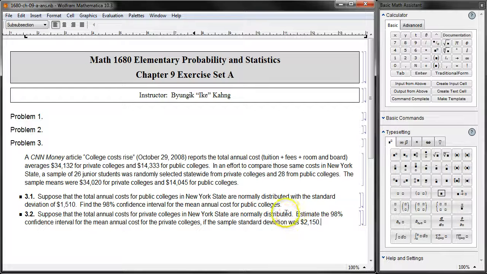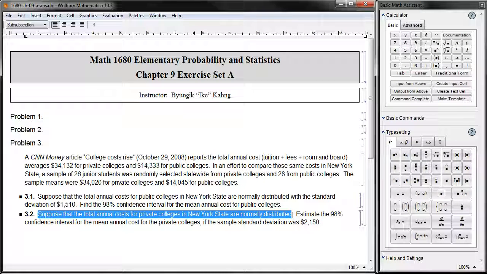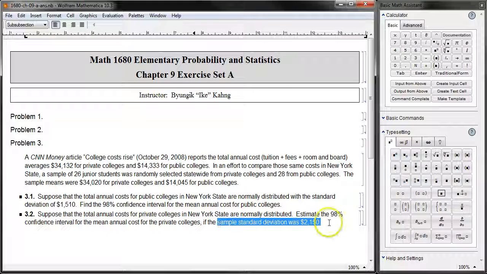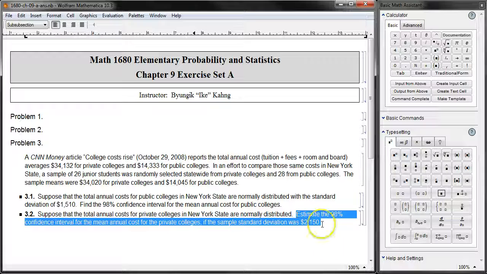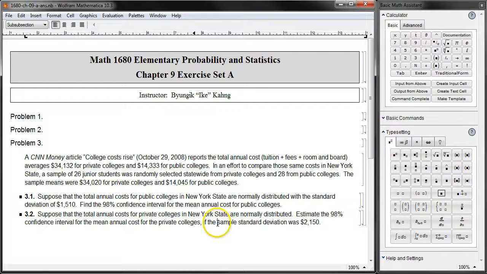Now for the second problem, we have this period. So this is about population. And then we have sample standard deviation was 2,150. So the latter is about sample standard deviation. There's a subtle difference between one and the other. I could have made this problem even more confusing by taking this sample away and putting a little more description about the sample in the same sentence, so that you could see that 2,150 is sample standard deviation without specifying it right here.